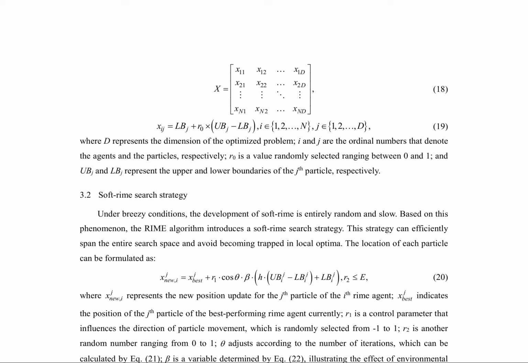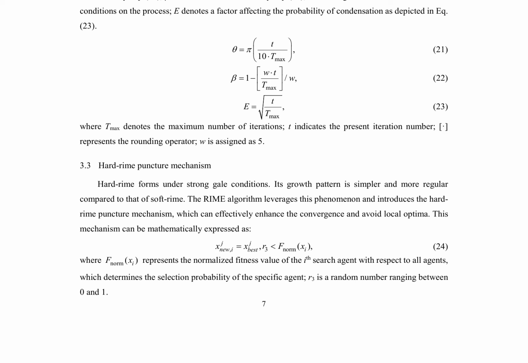The location of each particle is formulated using equation 20, which involves parameters such as control parameter R1, random number R2, adjustment factor theta, environmental condition effect beta, and condensation probability factor E. These parameters are calculated using equations 21 to 23, where T max represents the maximum number of iterations, T indicates the present iteration number, W is assigned as 5, and represents the rounding operator.